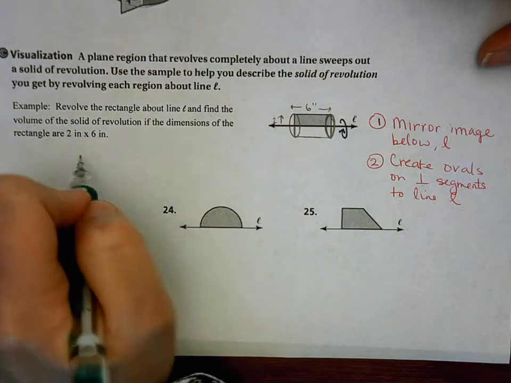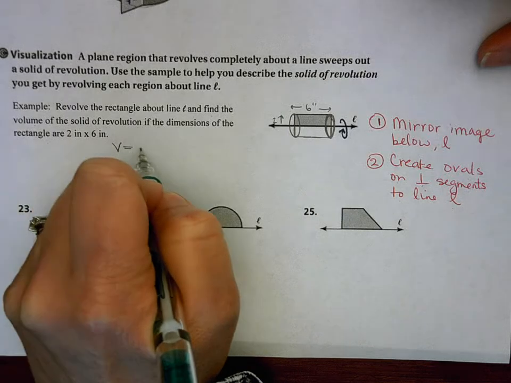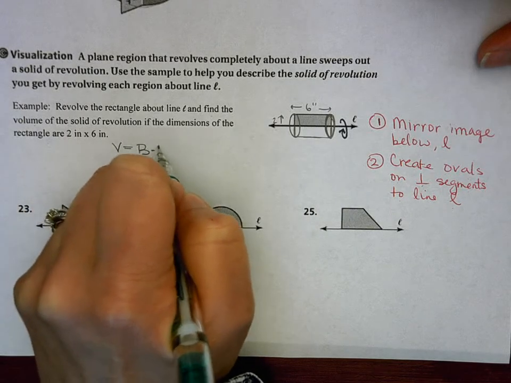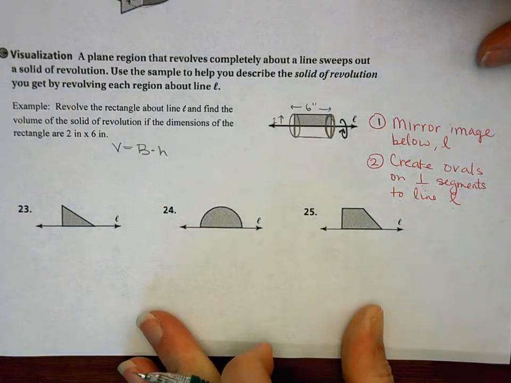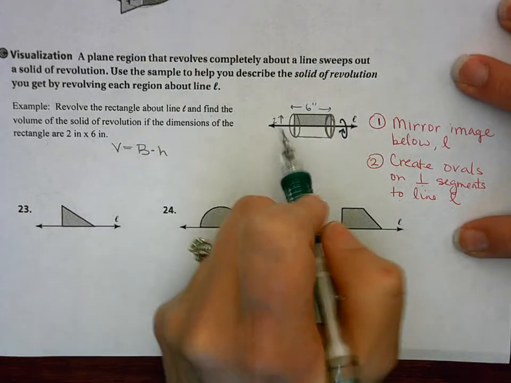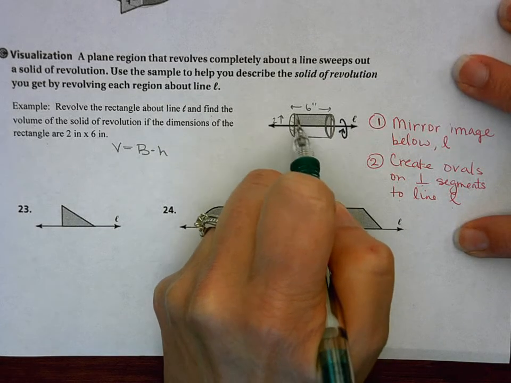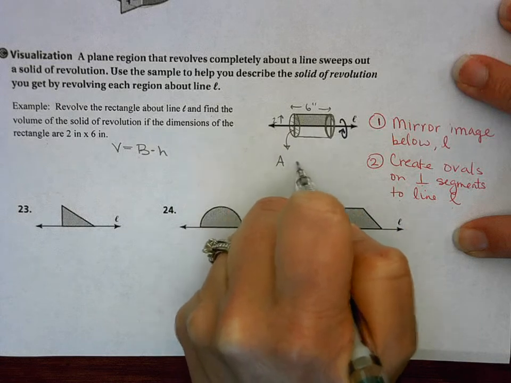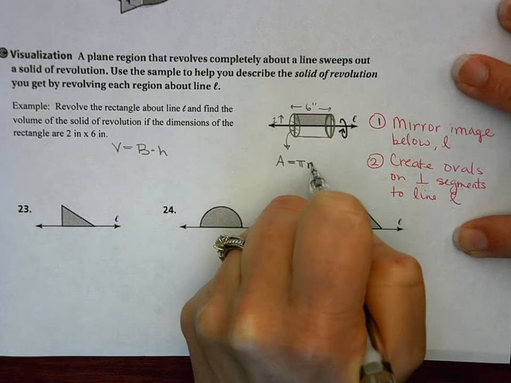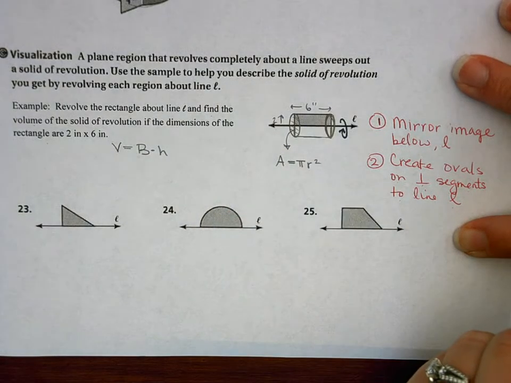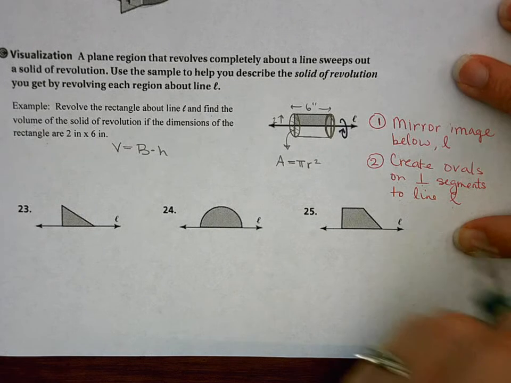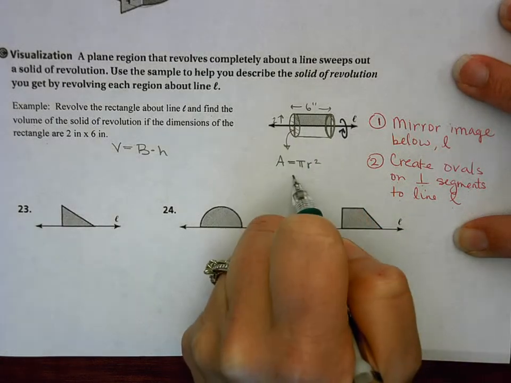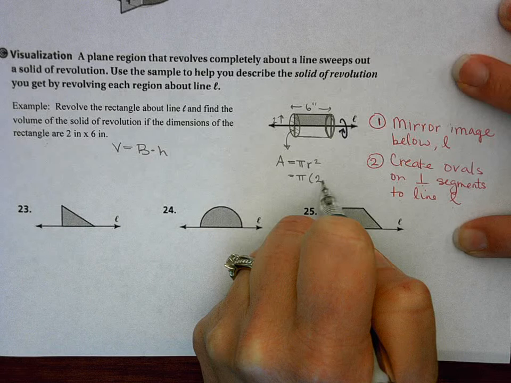So I know that the volume of a cylinder is area of the base times the height. The shape of the base right here is a circle. So if I want to find the area of that circle, I'm going to use the formula pi r squared. My radius is the same as the height of that rectangle, so I'm going to replace r with 2, and it was 2 inches.